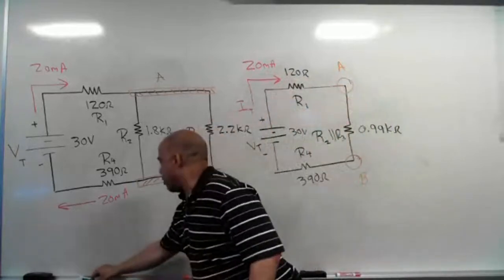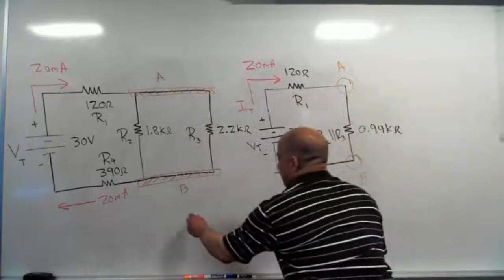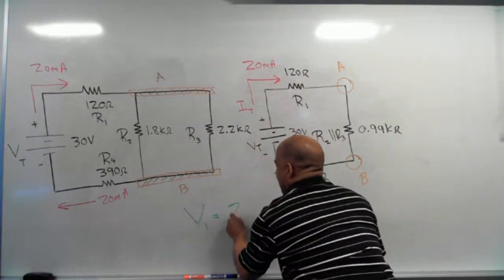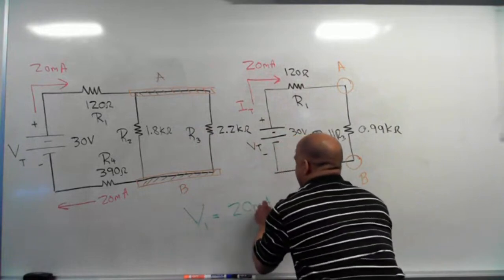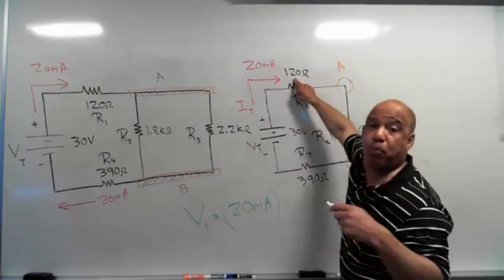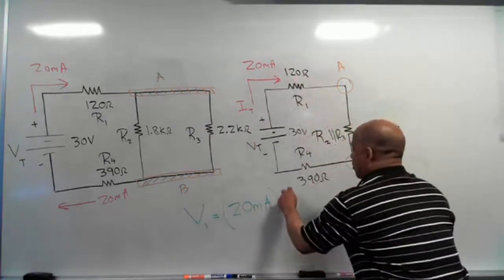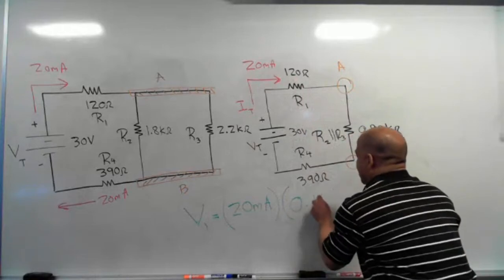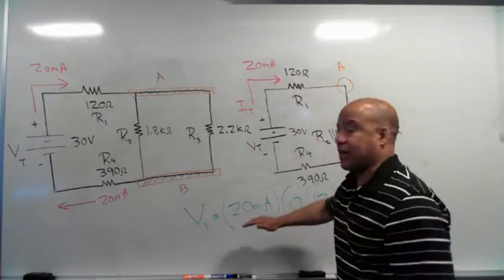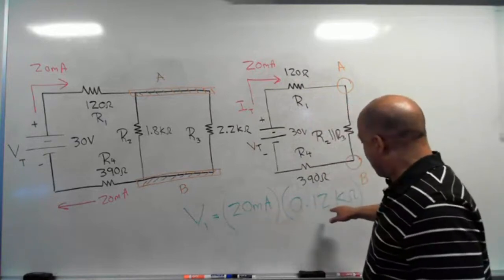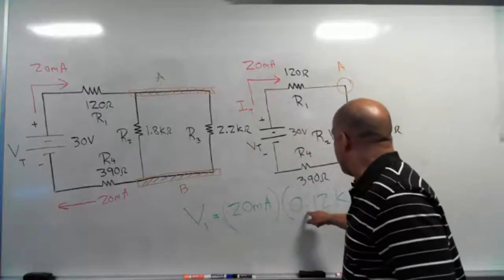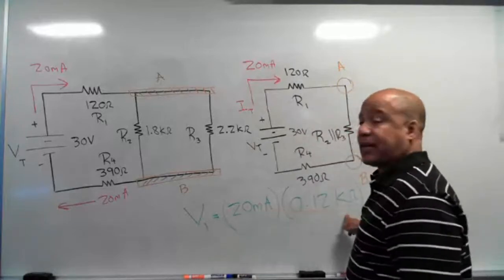You do it any way you want, but a really convenient way to find V1 will be to take 20 milliamps times 120 ohms, or that's 0.12 k ohms. If you have your current in milli and your resistance in k ohms, then all you got to type in your calculator is 20 times 0.12, because the m and the k are going to cancel out.